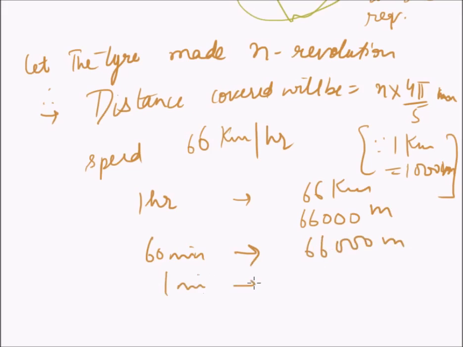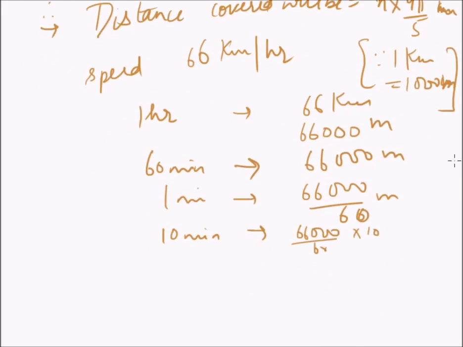So in 1 minute we'll be traveling 66,000 over 60 meters, or in 10 minutes we'll be traveling 10 times this, because in 1 minute we travel the 60th part of it. So in 10 minutes, if we simplify, we have traveled 11,000 meters.